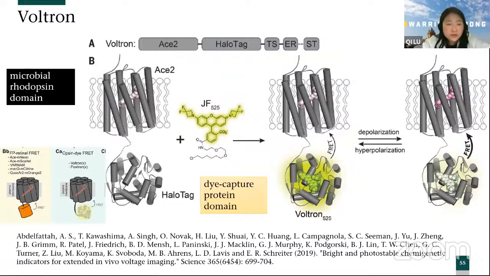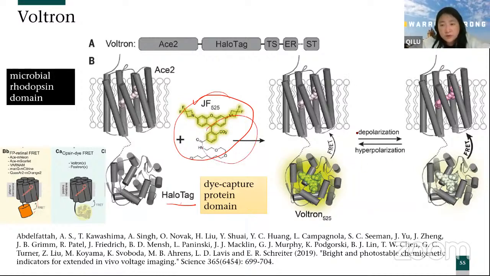So generally, the idea is the crosstalk or molecule dipole coupling interaction between the fluorescent protein and the opsin, and here the donor will be changed to a chemical dye, and this chemical dye will be binding to a Halo tag, which is a protein pocket that can bind these chemical dyes.